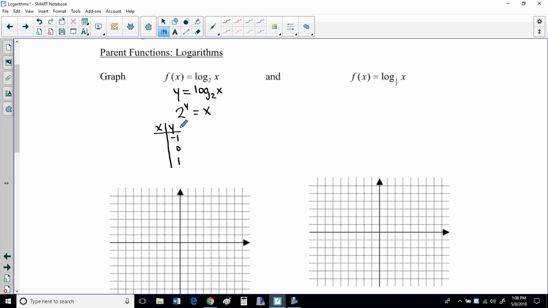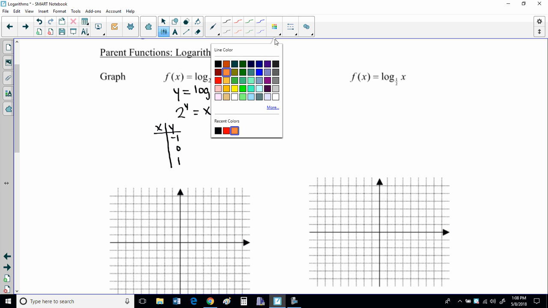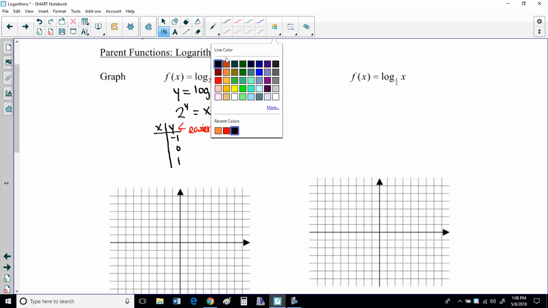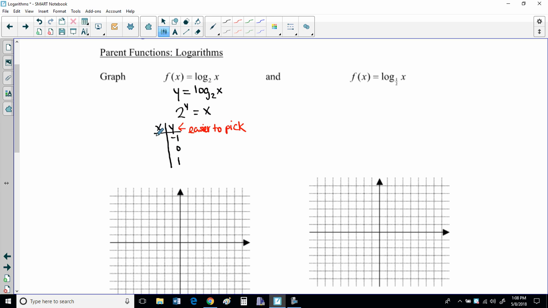These are easier to pick this time. That's 1/2, that's 1, and that's 2.